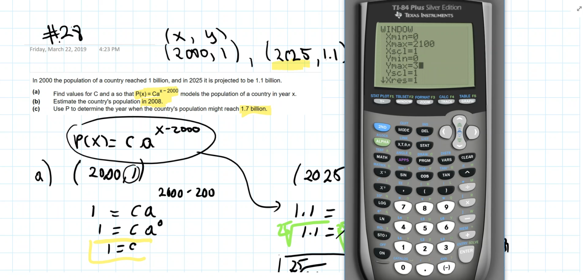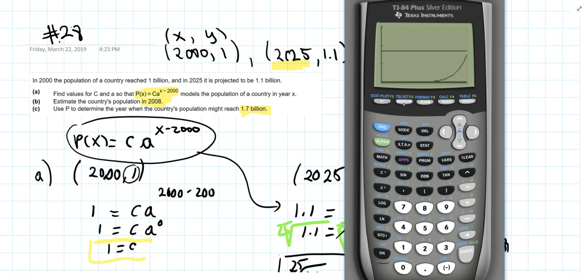So if I put 3 in here and graph, let's see if that's giving us what we need. So here's the exponential growth, and here is the 1.7 billion. Can you see that I don't see the intersection point? So it's taking longer than 100 years to reach 1.7 billion.